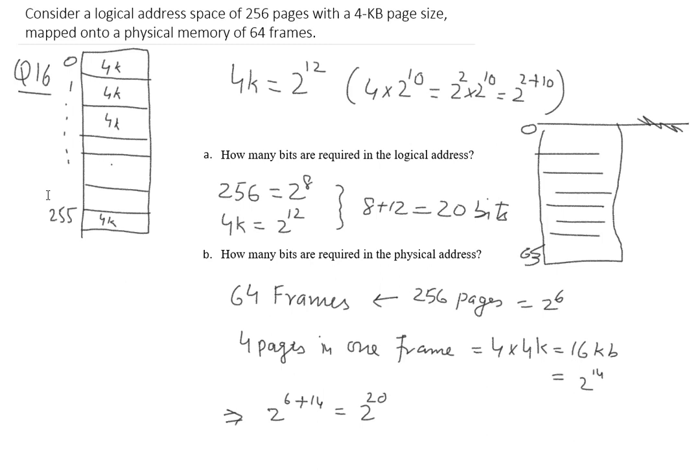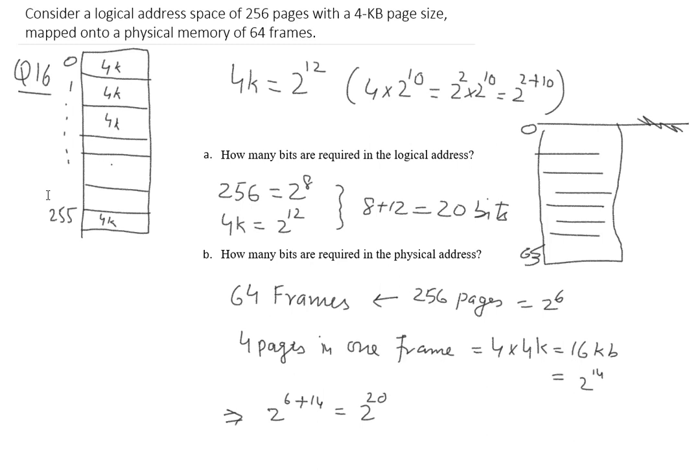So we need 12 bits for the size of a page and 8 bits for the number of pages. In total 8 plus 12 is equal to 20 bits for the logical address space. So 20 bits will be needed to save this process's logical address space.